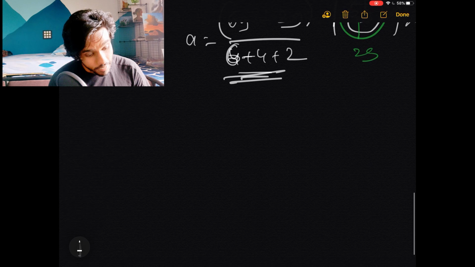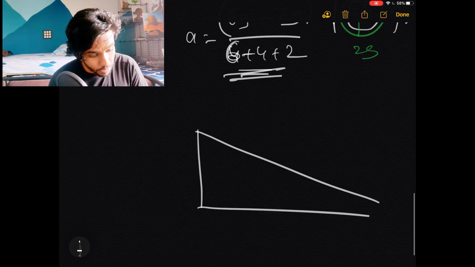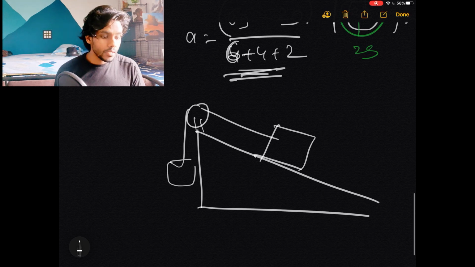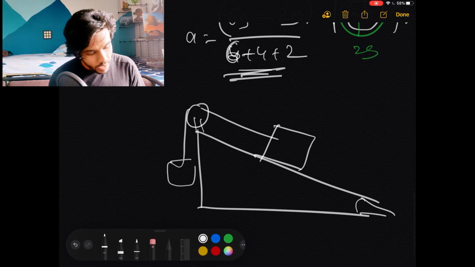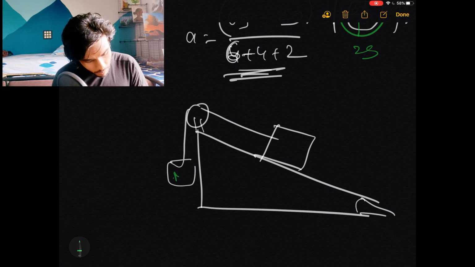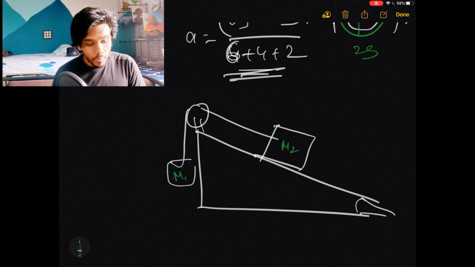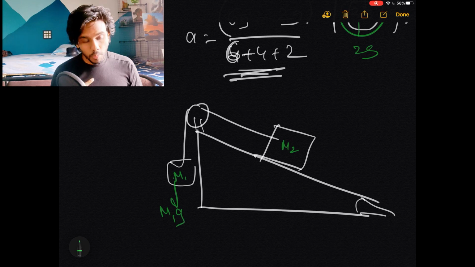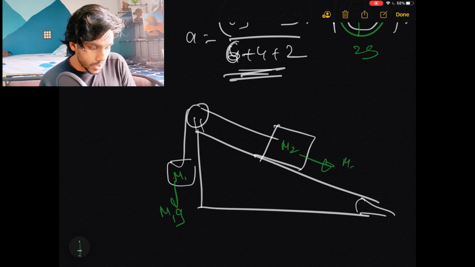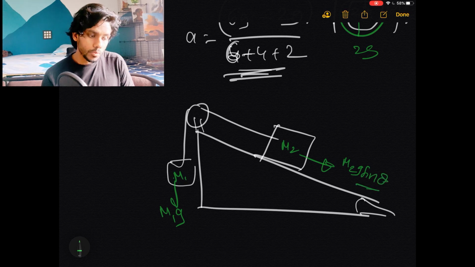Okay, you can in fact use the same idea on an inclined surface also. Except in this inclined surface, you need to be careful. Yes, both the weights are responsible, but let us call this M1 and let us call this M2. Here M1g is entirely responsible, but M2g is not entirely responsible. It is just M2g sine theta that is responsible.